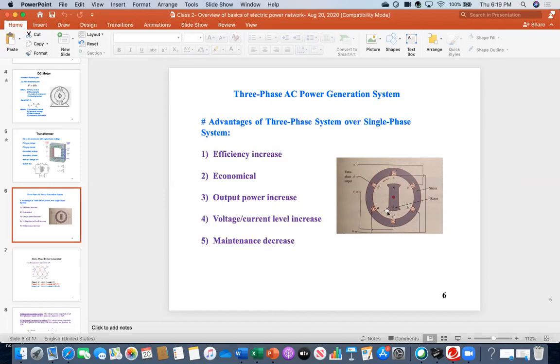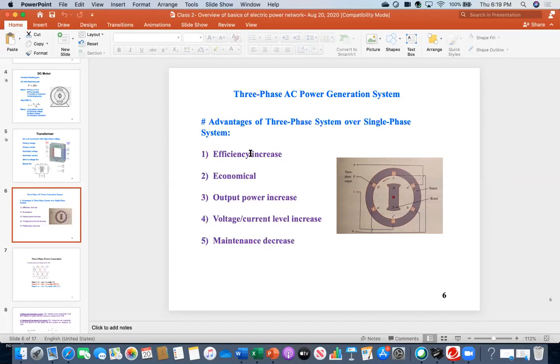Because you need the movement, or you need a magnet, take the advantage of only one set of magnet and then put several sets of coil. In this case, 3 sets of coil. This means you are able to get more output by using the same input. In that sense, efficiency increases, because efficiency is output over input.